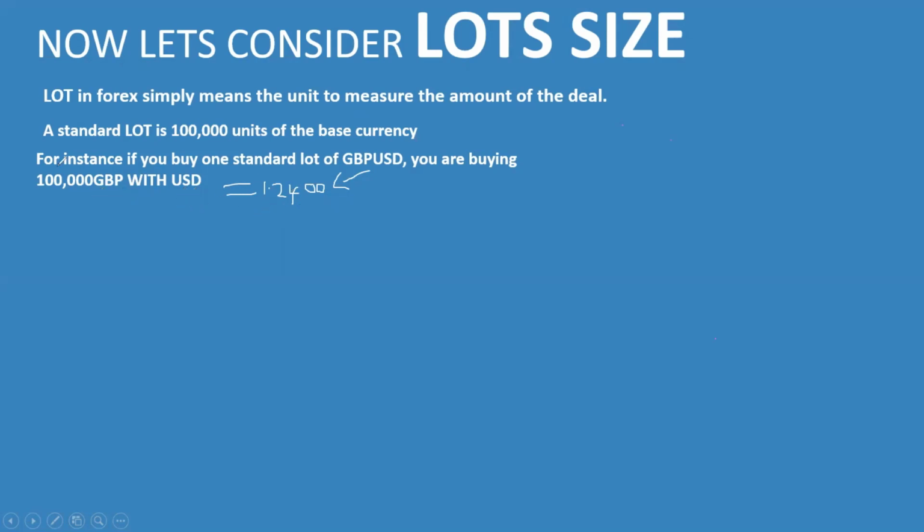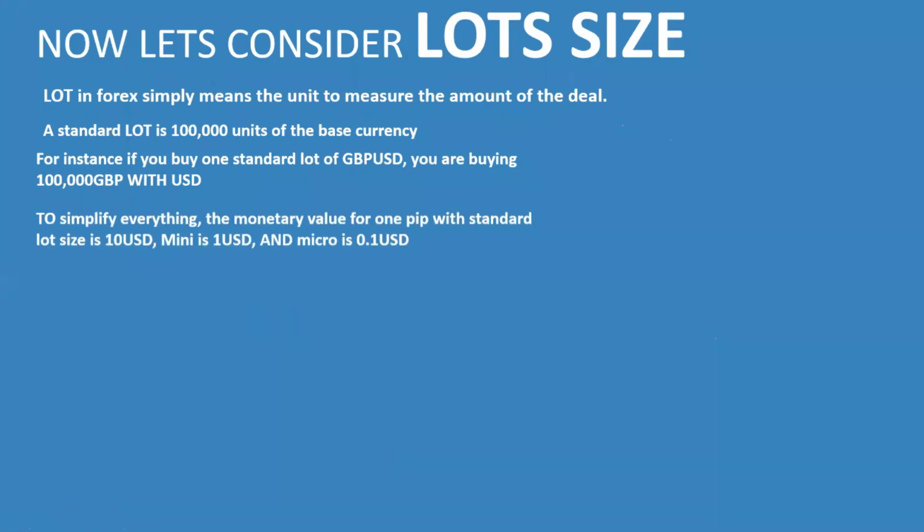So if you are buying a standard lot of any currency pair, the 100,000 units of that base currency is what you are trying to buy with the quote currency. To simplify everything, the monetary value for one pip with standard lot size is $10.